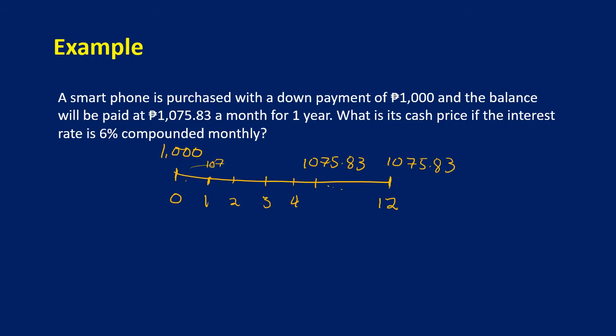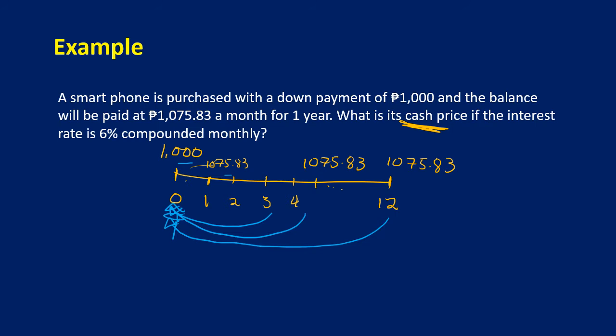Okay? And so on. So what we want to know is to get the value of all of this at time 0. So that's why we're looking for the present value.